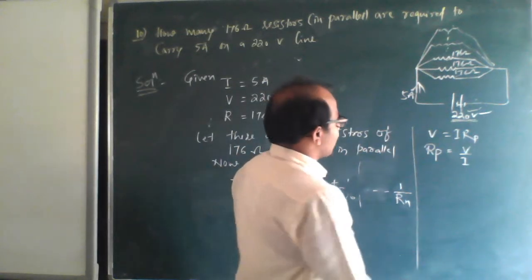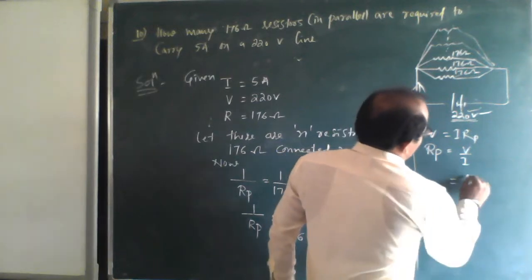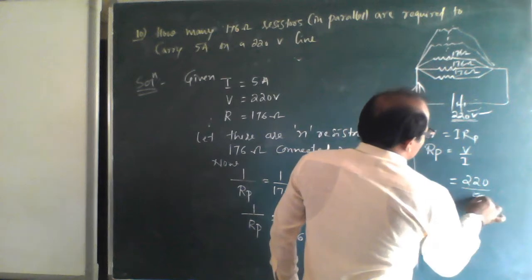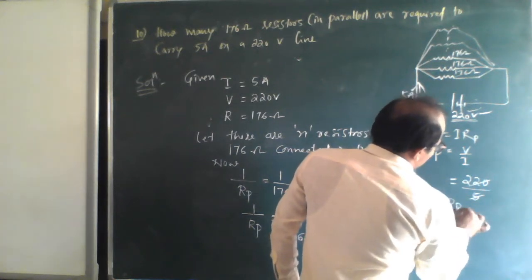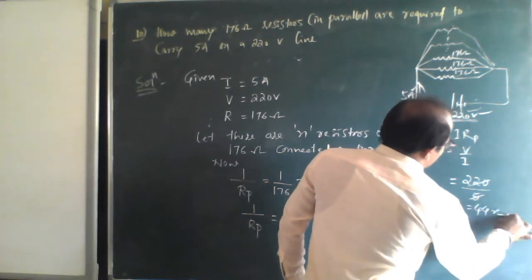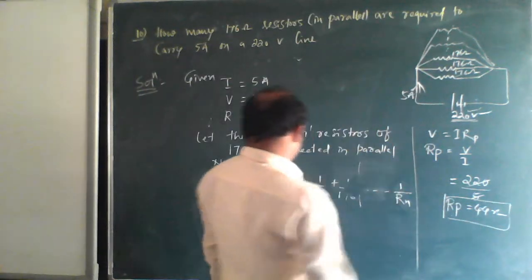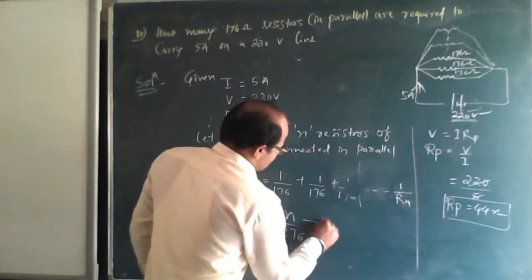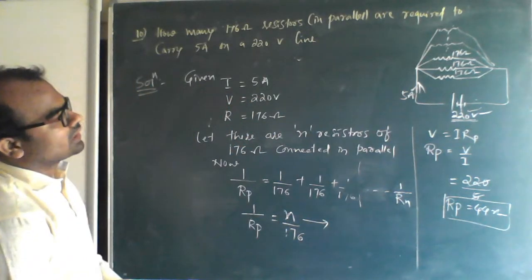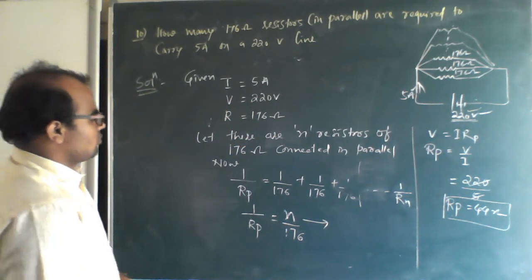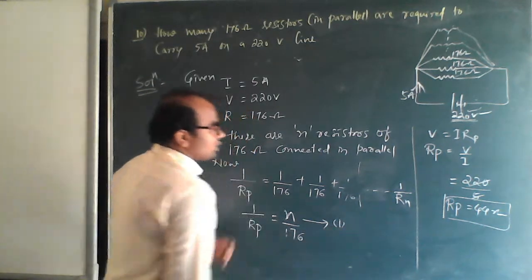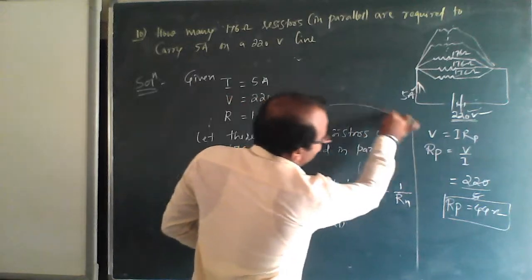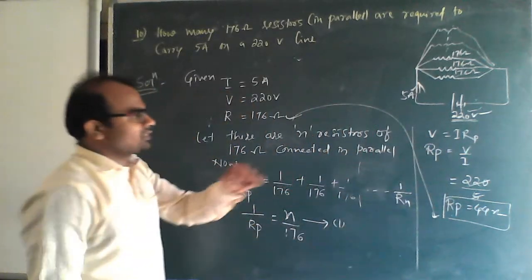So Rp is V by I, which is 220 by 5. So Rp is equal to 44 ohms. I will call this equation 1.